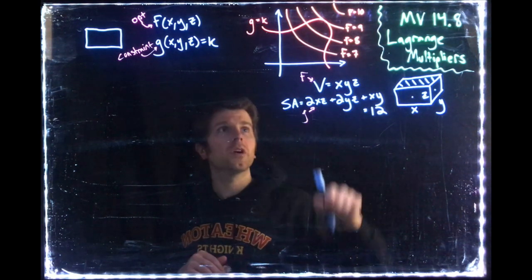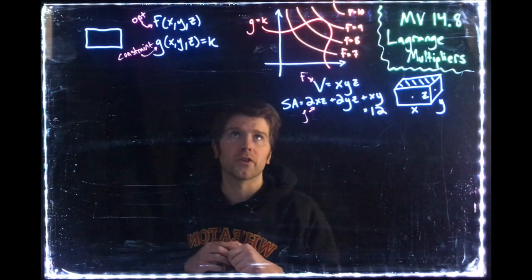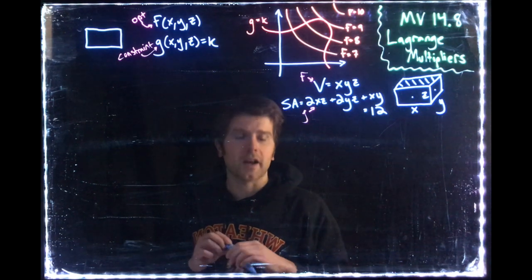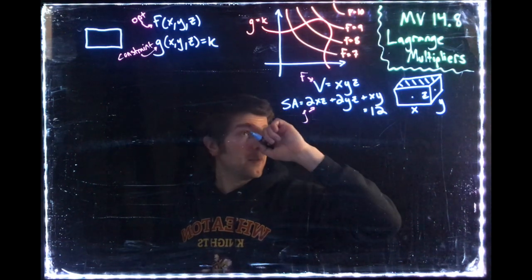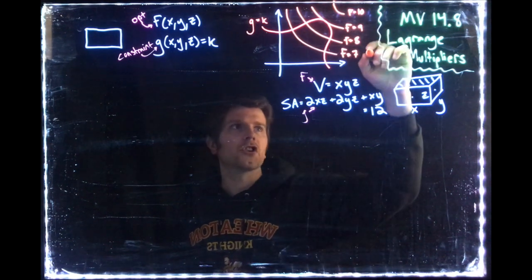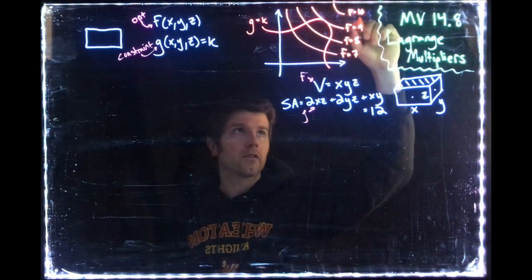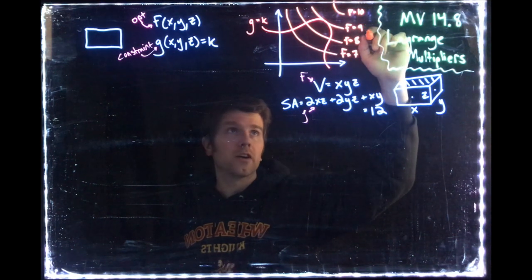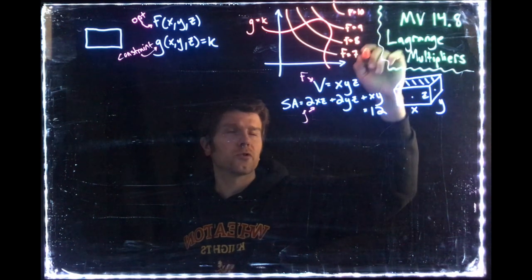So how do we do this? Well, take a look at this little diagram that I've got over here. On this diagram, I have labeled in orange a bunch of different level curves of our function, 7, 8, 9, 10, whatever. They could be any values, but let's just say we're doing this from some arbitrary function.